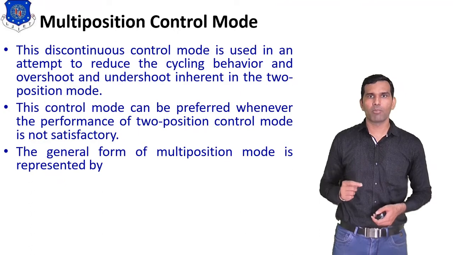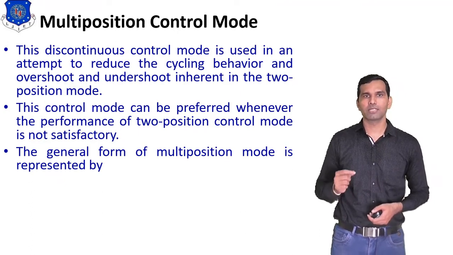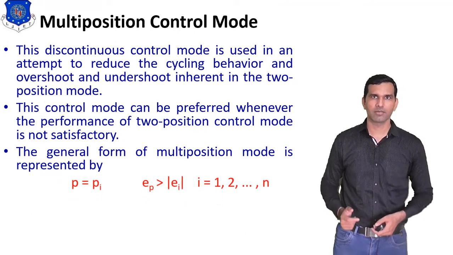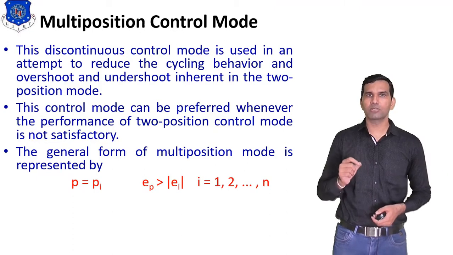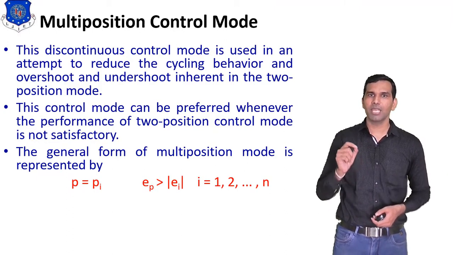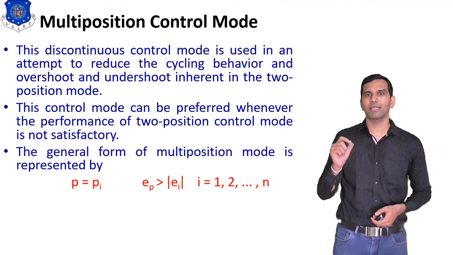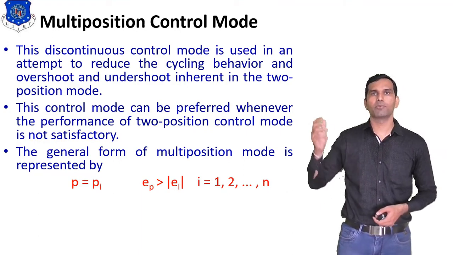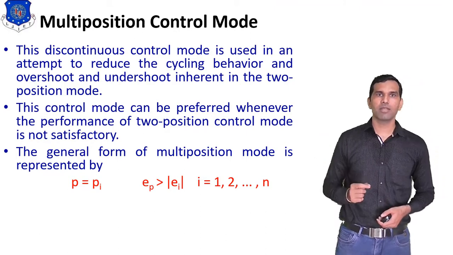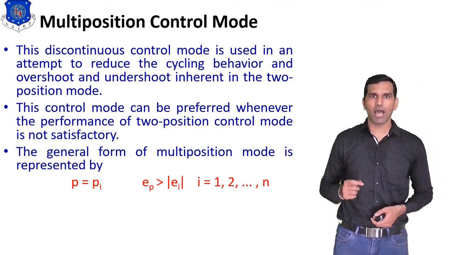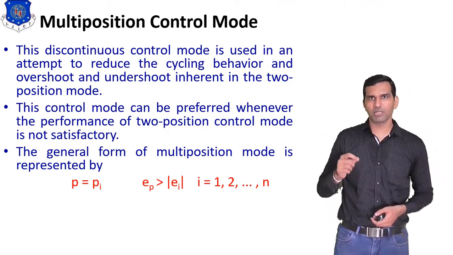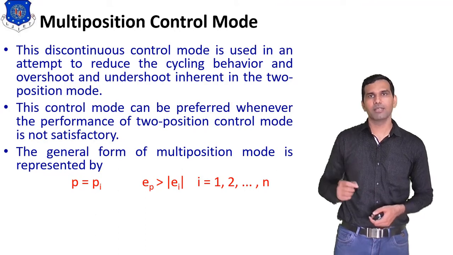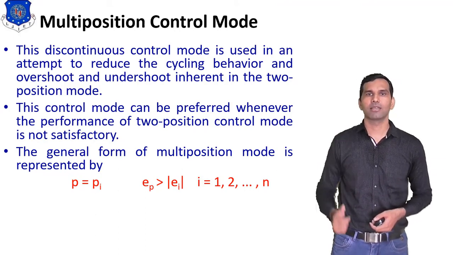The general form of multi-position mode is represented by P equals Pi when Ep is greater than Ei. Here the i indicates 1, 2, 3 up to N. That means the controller output is P equals Pi when Ep is greater than Ei.